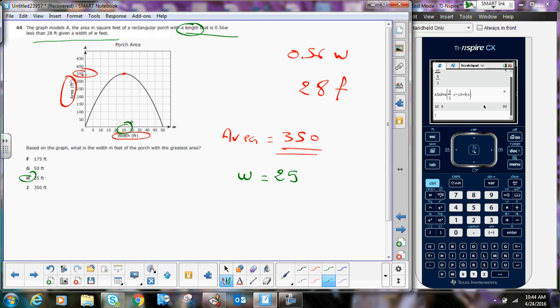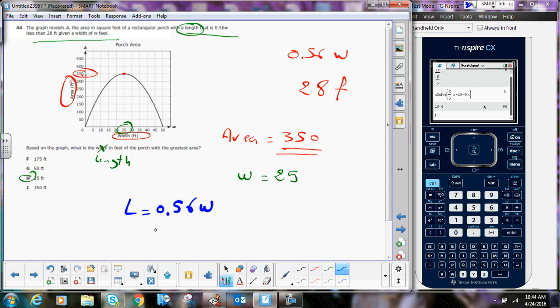But I want to use this to see what happens if they ask for the length here. What happens if this question was, what is the length? Look, they said the length equals 0.56 W less than 28 feet.